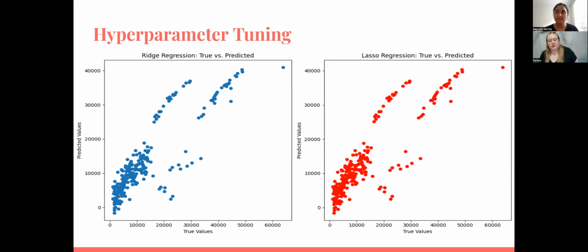We'll show you our code as well, but they had very similar expected hyperparameters as well, because we did a grid search for that too.